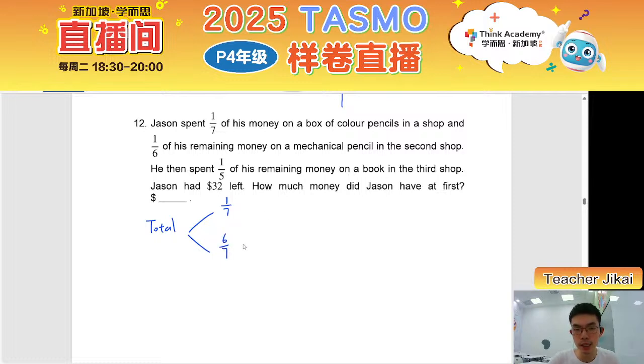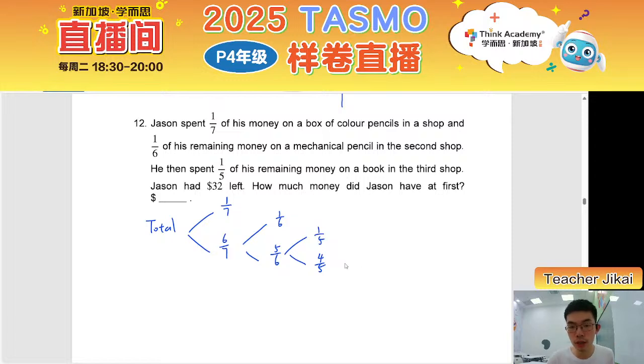Then he spends 1/6 of it, so what is remaining? 5/6. And then we have spent 1/5 on the book, so what is remaining? 4/5.